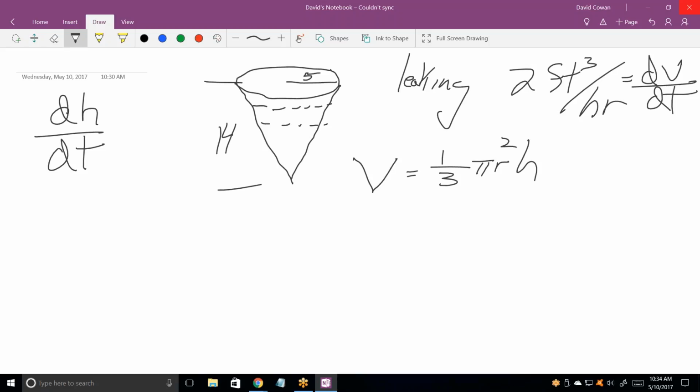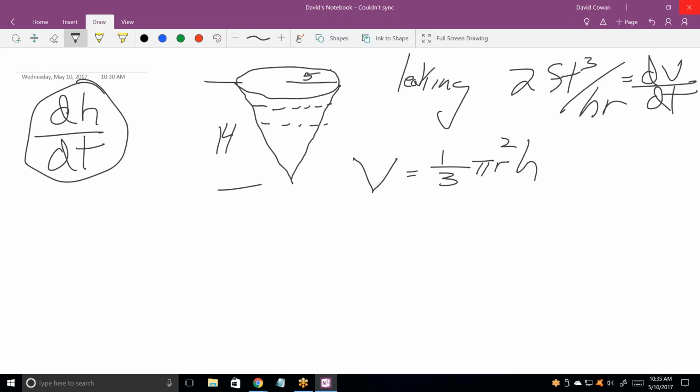Now, these always used to give me problems, and the reason was I would try to implicitly differentiate everything. But notice that the only thing they want to solve for is dH dt.